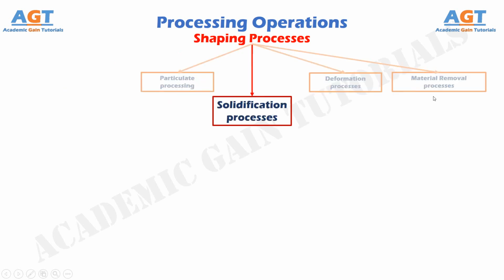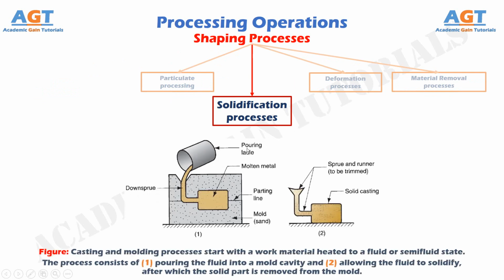In the first category, the starting material is heated sufficiently to transform it into a liquid or highly plastic, semi-fluid, state. Nearly all materials can be processed in this way. Metals, ceramic glasses, and plastics can all be heated to sufficiently high temperatures to convert them into liquids.